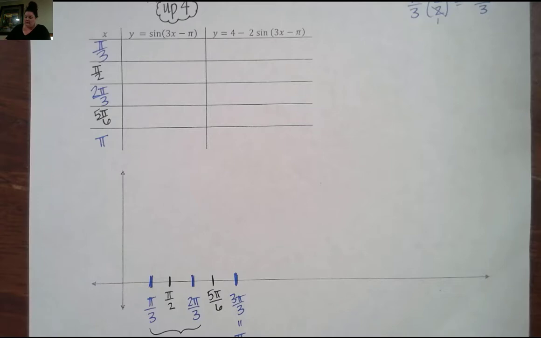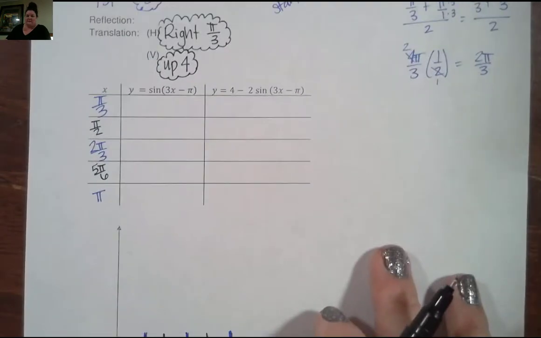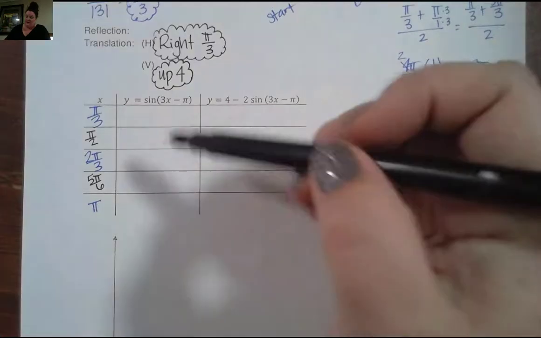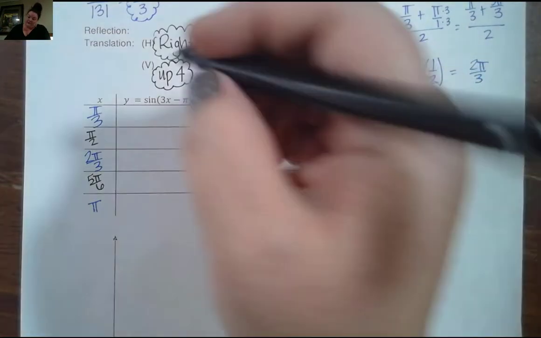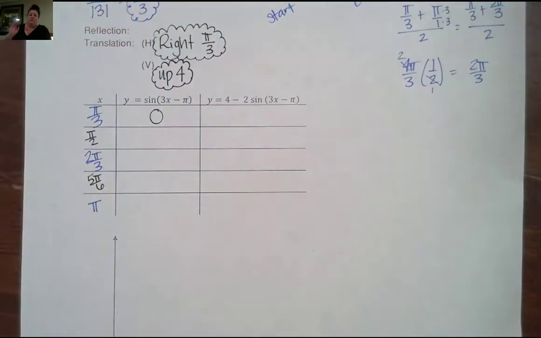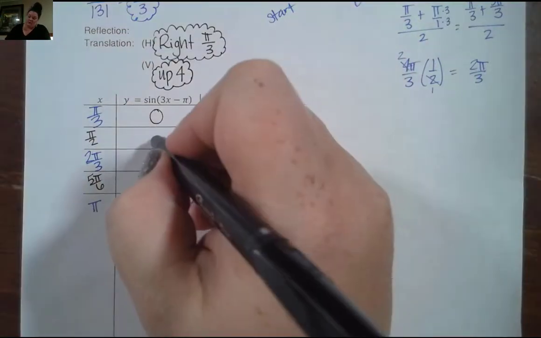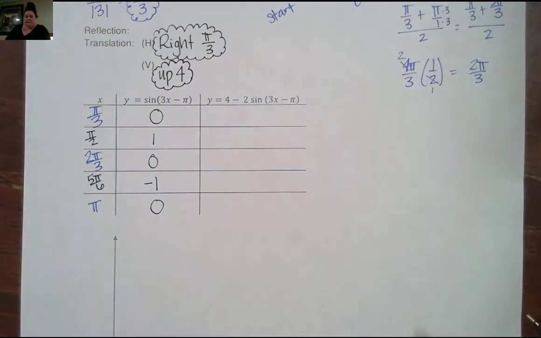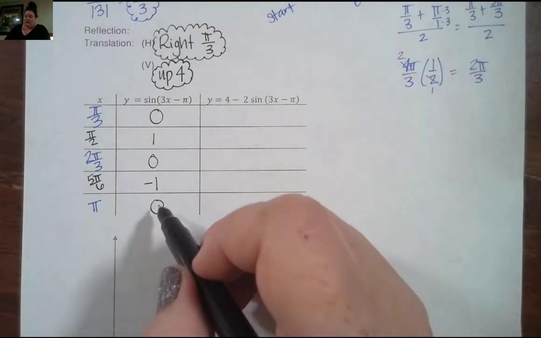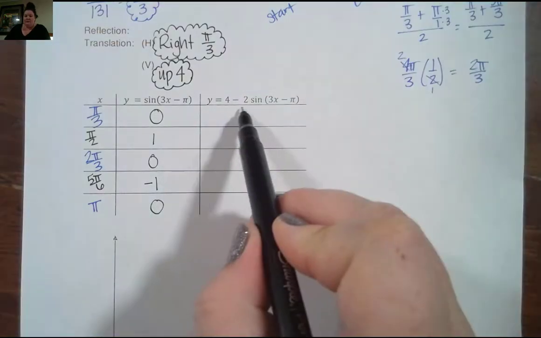So I picked those specific x values so that I would get the good quadrantal values for sine. So remember, sine starts at 0, and then it goes up. So 0, 1, back down to 0, down to -1, and back up to 0. And then we have to adjust for our y's. Now there's 2 things happening.